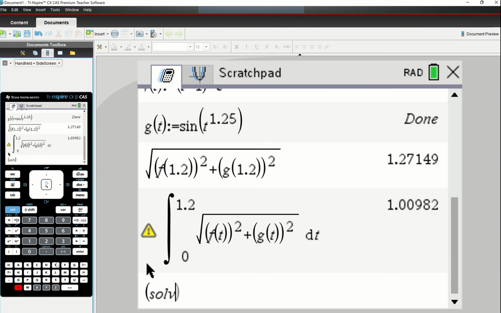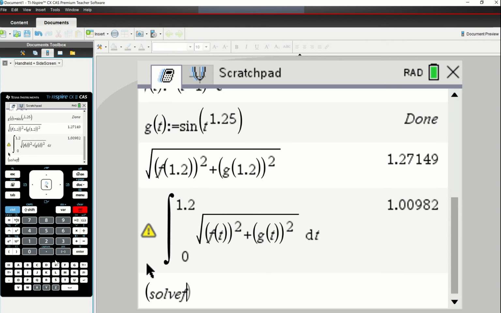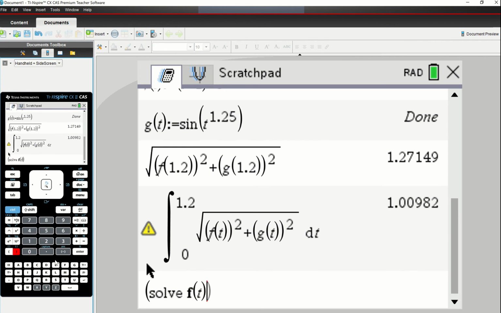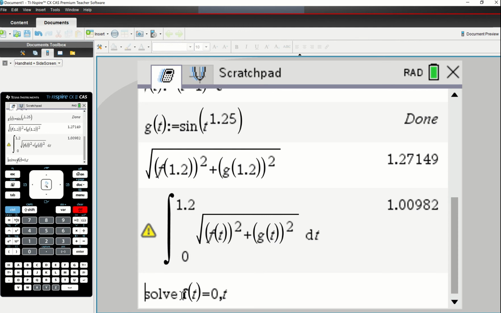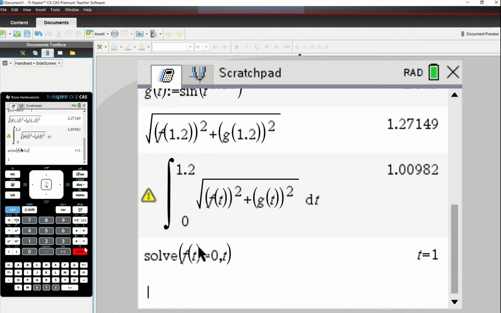So we're solving f of t equal to 0 for t. Oh, I think I'm supposed to put solve outside the parentheses. I think that's why my calculator was mad at me. There we go. Let's try that. And I get t is 1.